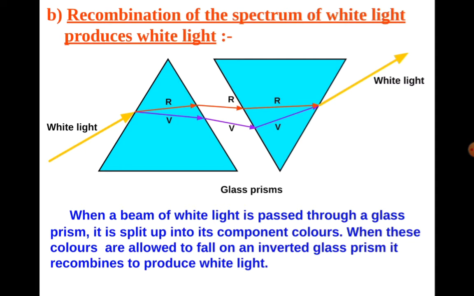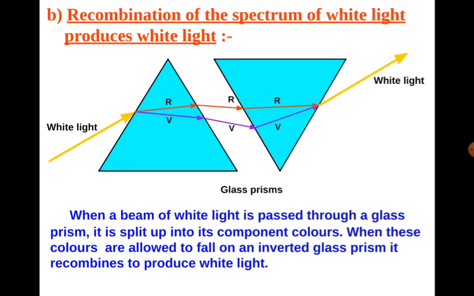So what it says is, with the same glass material and the same refractive angle, a prism is placed inverted in the path of a spectrum formed by the first prism, then a beam of white light emerges out from the other side of the second prism. Why does it happen?